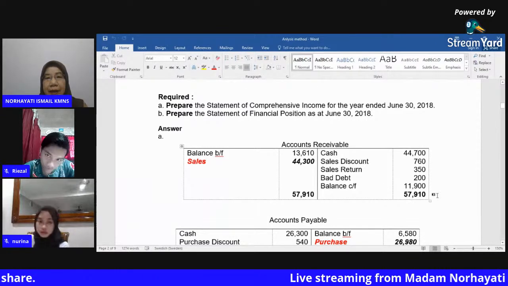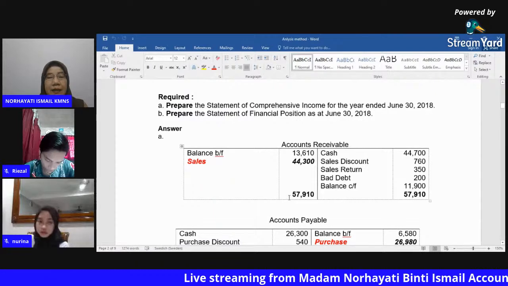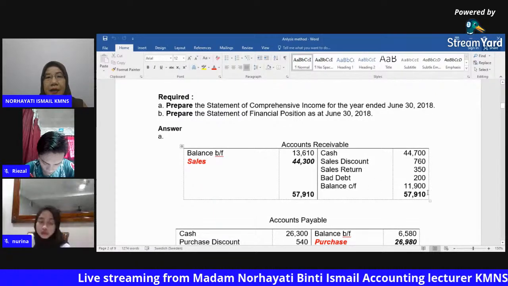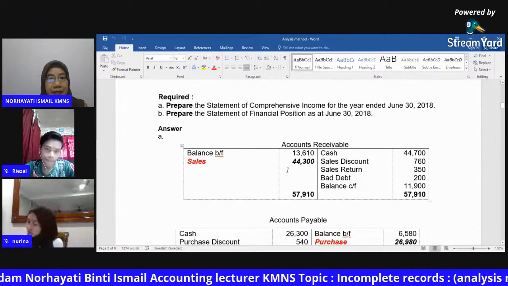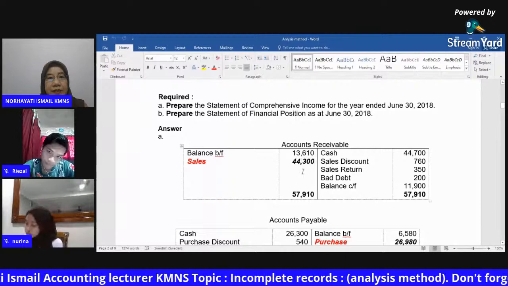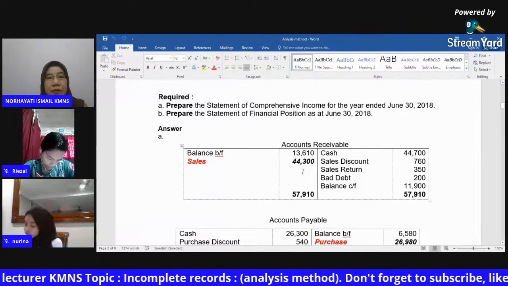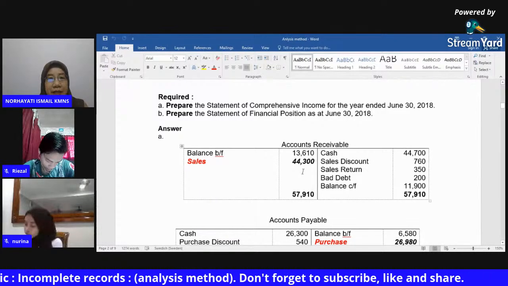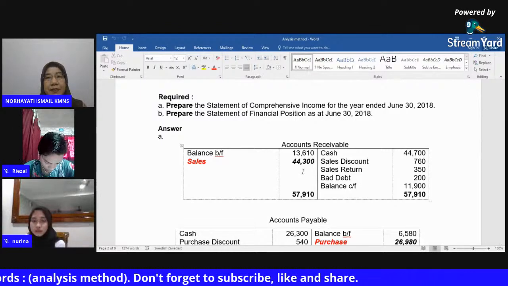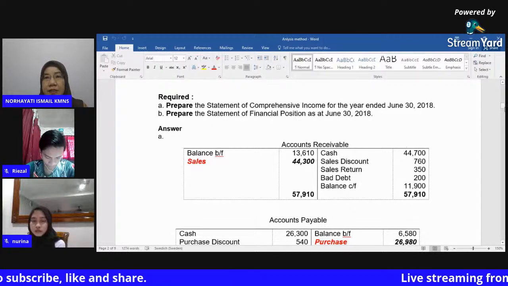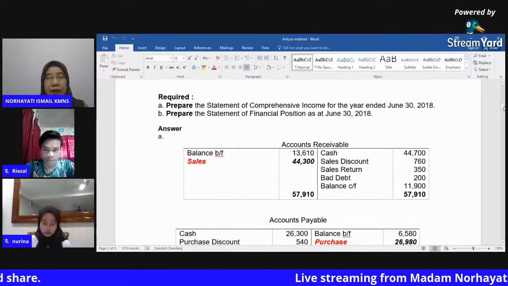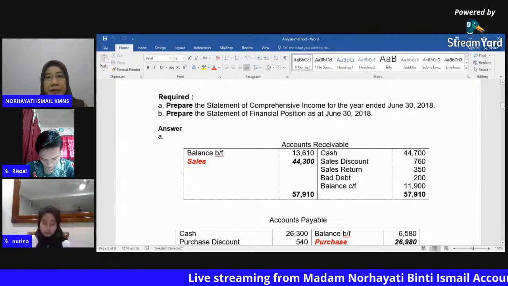After that, you add the debit side and the credit side, and you can find out the sales on credit. So this is the missing figure, 44,300 for sales. That is the first step that you must prepare. And you have to calculate the total sales, credit sales plus cash sales.